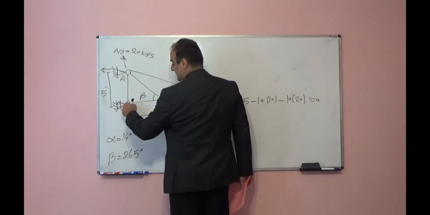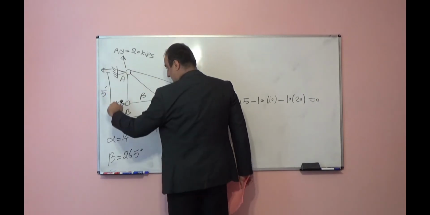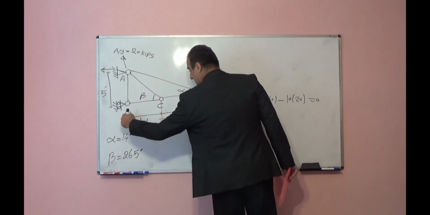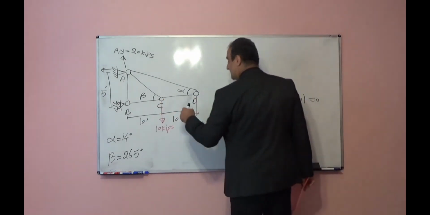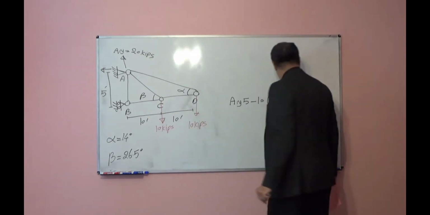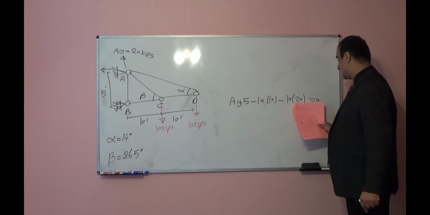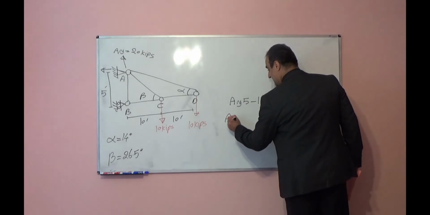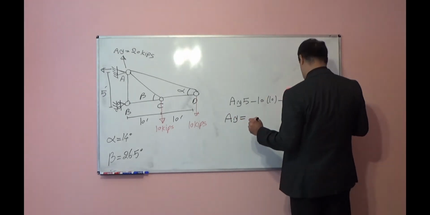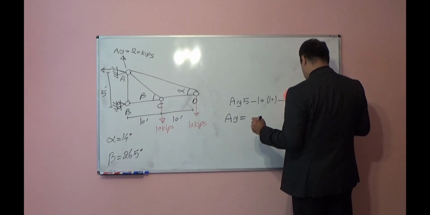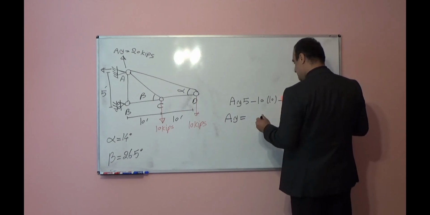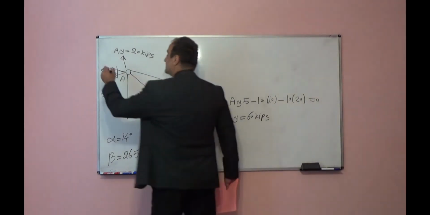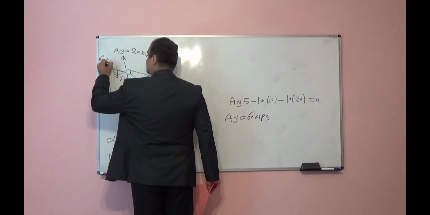I'm taking moment with respect to point B: AY times 5, counterclockwise positive, minus 10 times 10, clockwise negative, minus 10 times 20 with respect to point B, which is clockwise and again negative, equal to 0. From here I can find AX. AX will be equal to 60 kips.